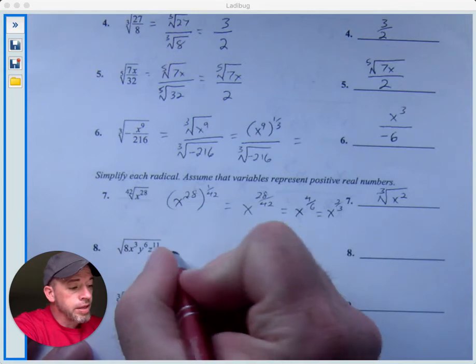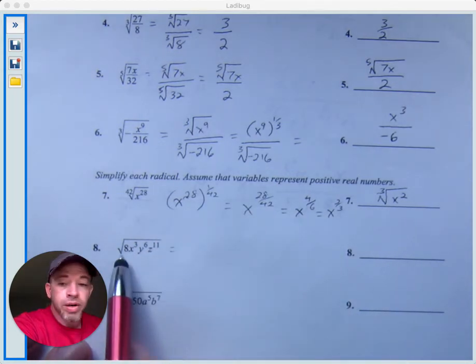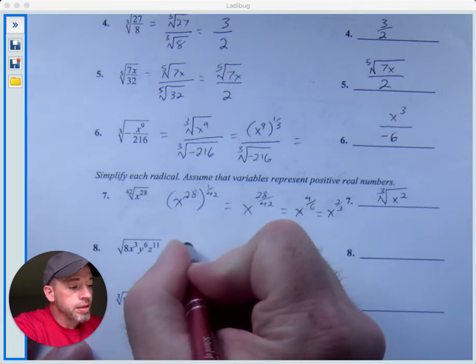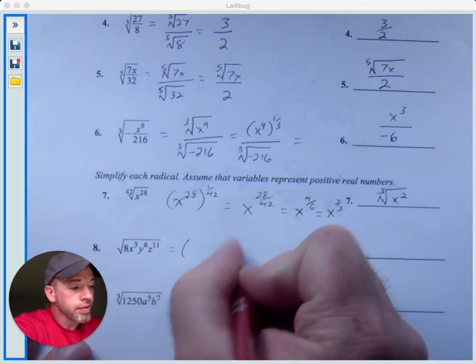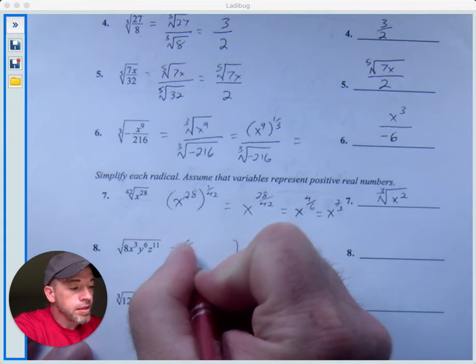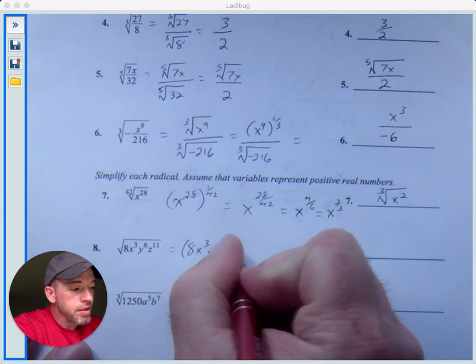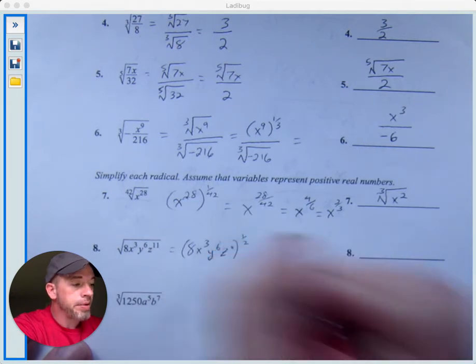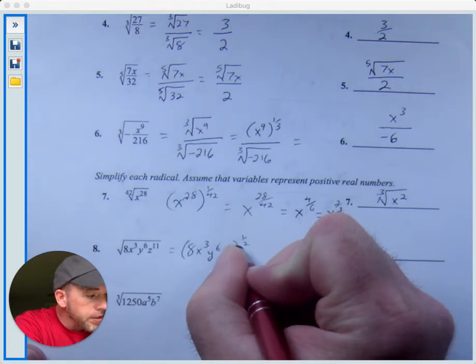So we could write this as the 1/2 power. And so we could take all this stuff, 8x cubed, y to the 6th, z to the 11th, all to the 1/2 power. Now some of this will be kind of nice.